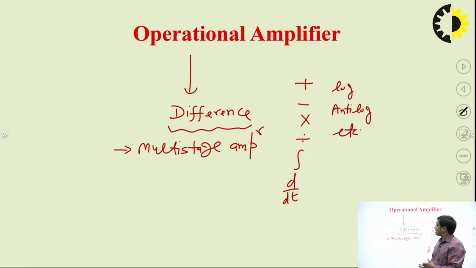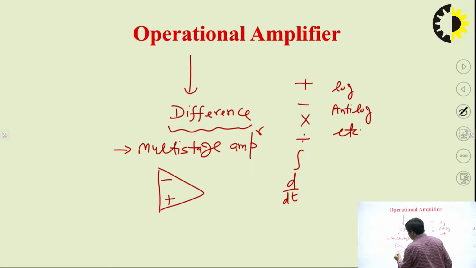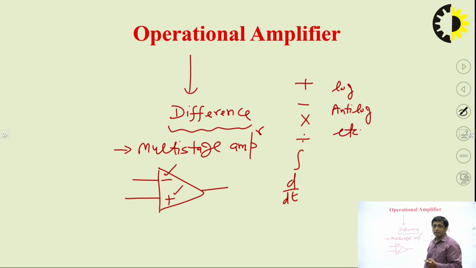As far as operational amplifier is concerned, it has two input terminals. This is the basic schematic symbol of operational amplifier. One is the inverting input, that is the negative one, and the other is the non-inverting input, that is the positive one. This is the basic symbol of operational amplifier, that is called op-amp. There are various op-amp ICs available in the market, and one of the most popular is the 741 IC.